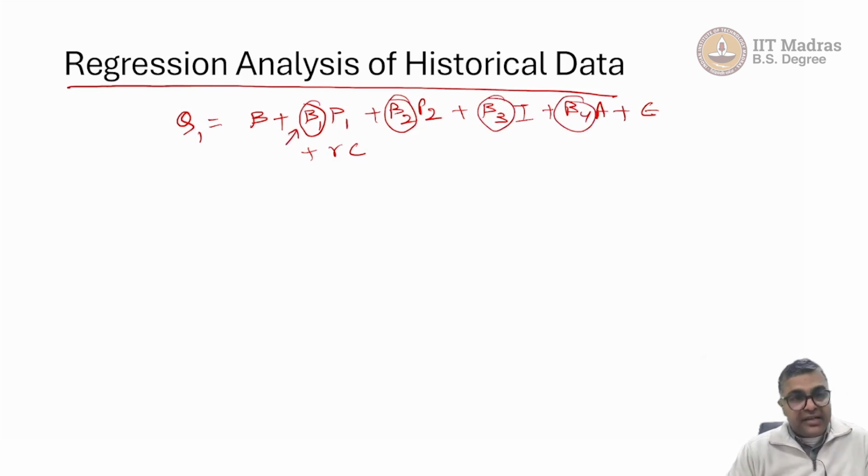And there is a statistical technique which in this course we are not going to deal with, but I believe that in your course on statistics you must have learned about regression analysis. So once you get these betas, you are getting some idea about the demand function. So this is the regression analysis using historical data.